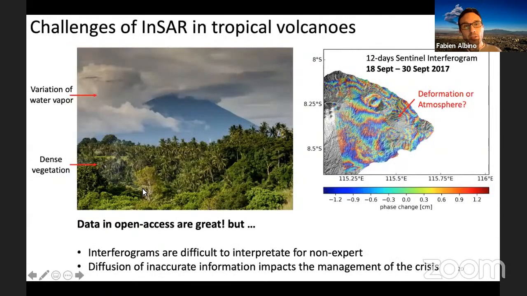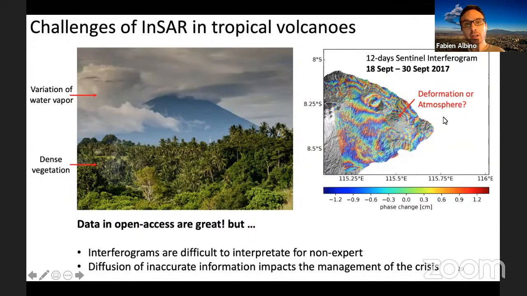Here you see a picture of Mont Agung. As I said before, you see very strong variation in the atmosphere close to the summit. On the right is an example of an interferogram processed in September 2017, and you see clearly some fringes on the summit. So the key question is: is it deformation or atmosphere?